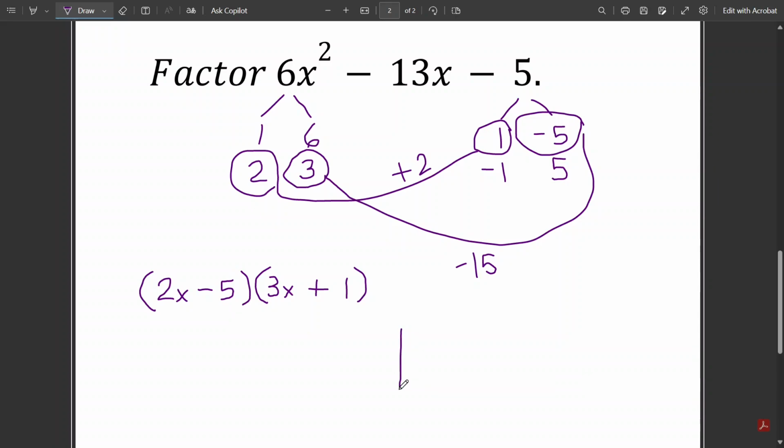And I should check this with the Punnett square or with FOIL or double distribution. So let's check it.